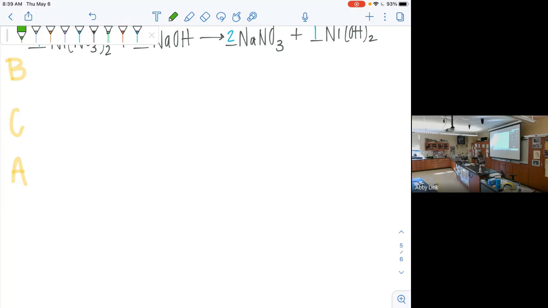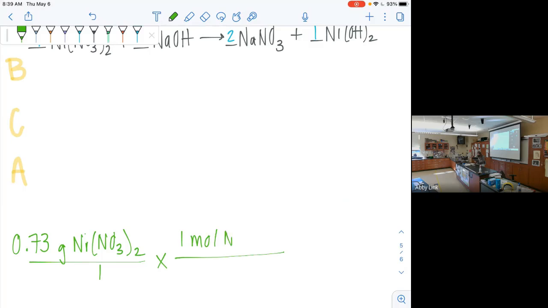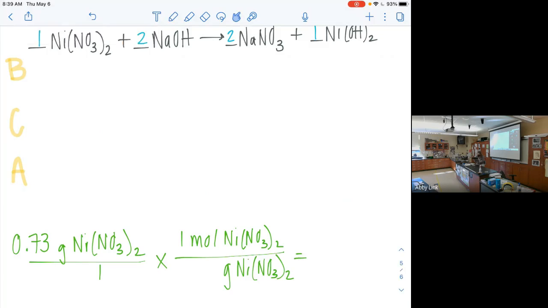We're going to take our 0.73 grams of Ni(NO3)2 over 1. We're going to have 1 mole Ni(NO3)2 on the top, and then the grams of the Ni(NO3)2 on the bottom.